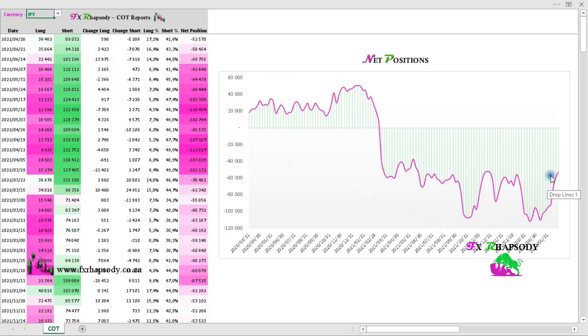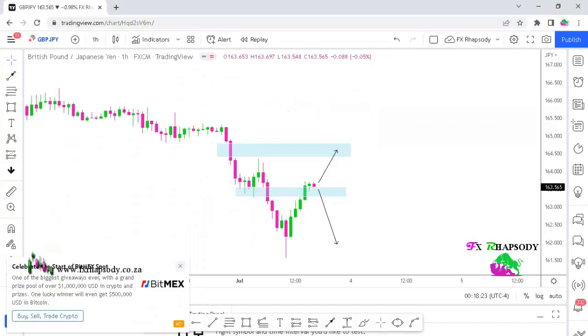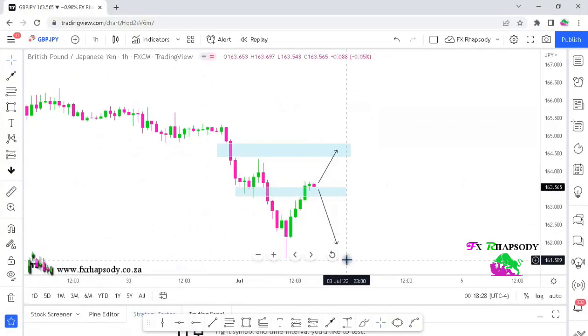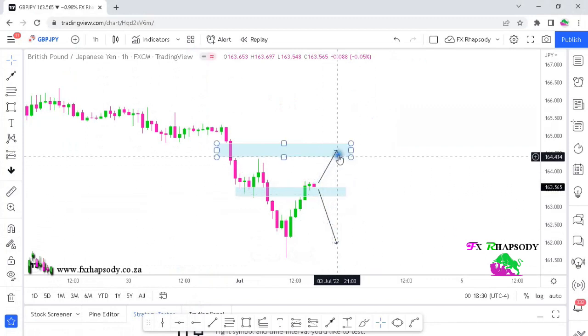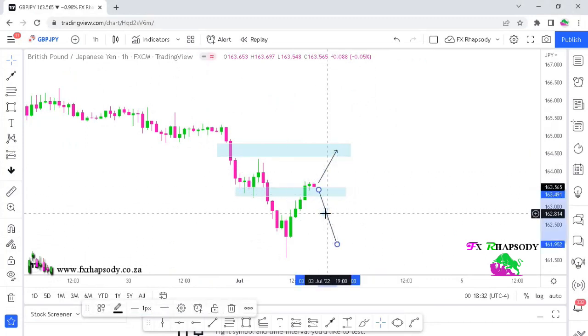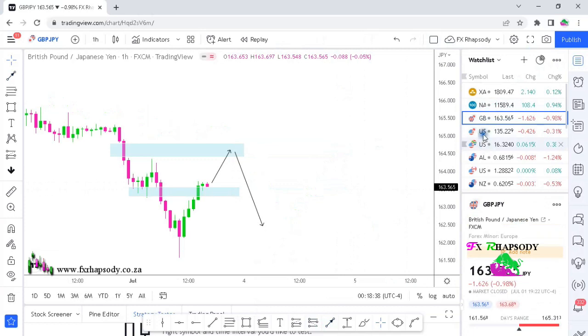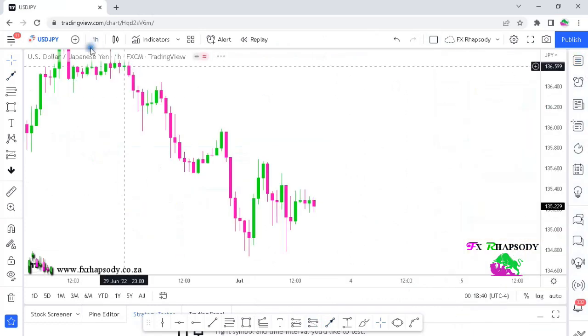So the Japanese yen is getting stronger. If that is the case, we're going to see price moving to the downside. So let's see, maybe we're going to see price hitting that area, and then from there on it might just start falling down. Next, the currency pair we're going to look at will be the USD Japanese yen.